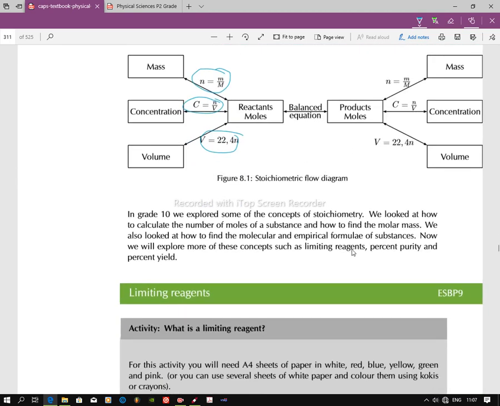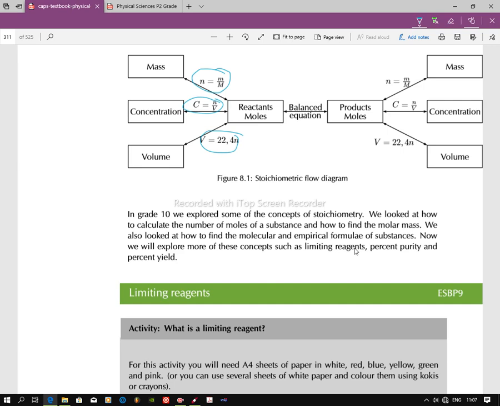So they say in grade 10 we explored some of the concepts of stoichiometry. We looked at how to calculate the number of moles of a substance and how to find the molar mass. We also looked at how to find the molecular and the empirical formula of a substance.